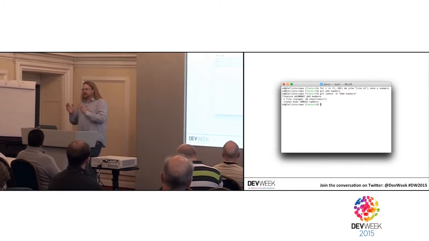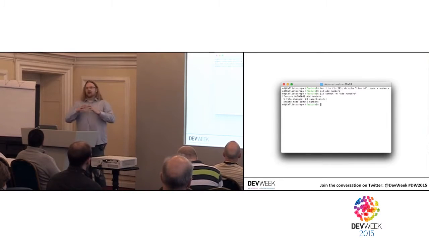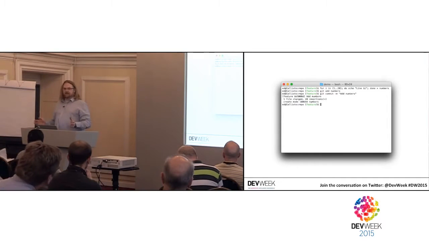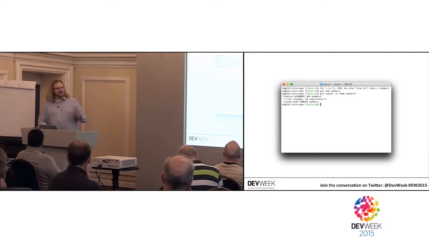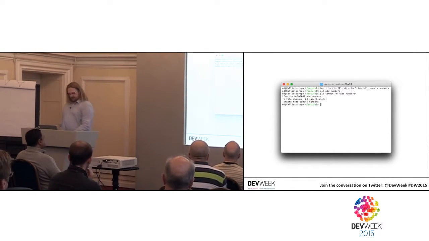Okay? Branches are effectively just labels. So if we're going to do a long-running piece of work, and we want to isolate it from the rest of the code base, it's easy enough to simply branch, right? And we can then play our commits against the branch, and we keep our master nice and clean. Yes?